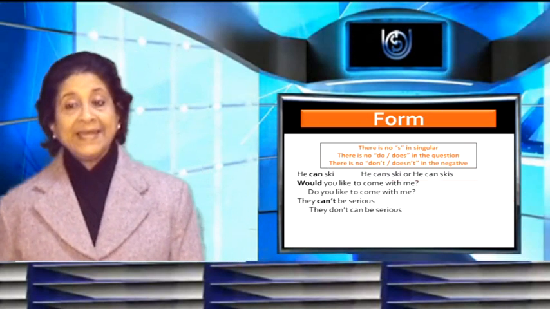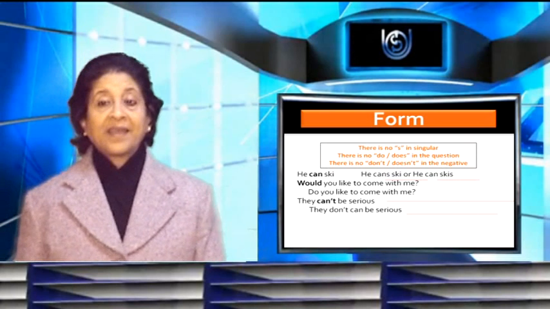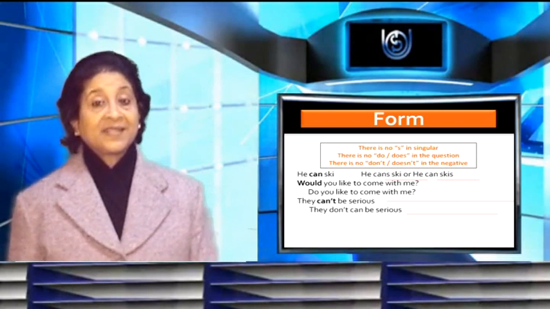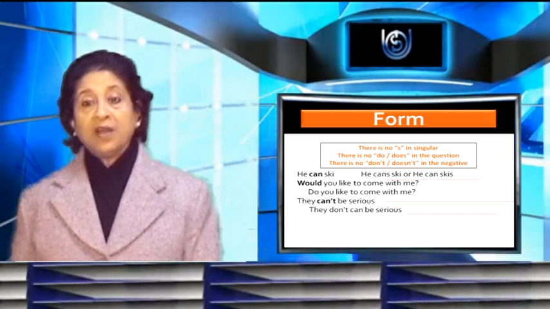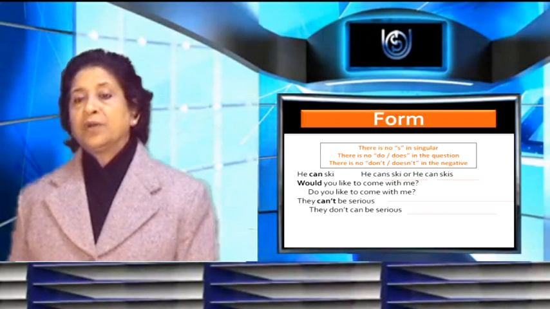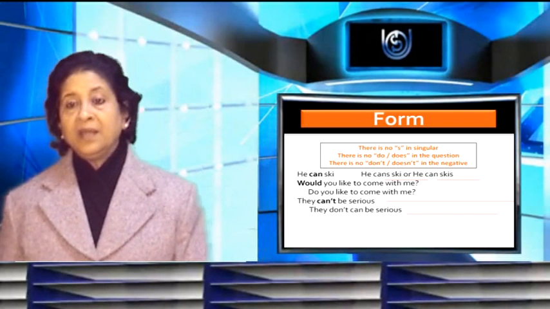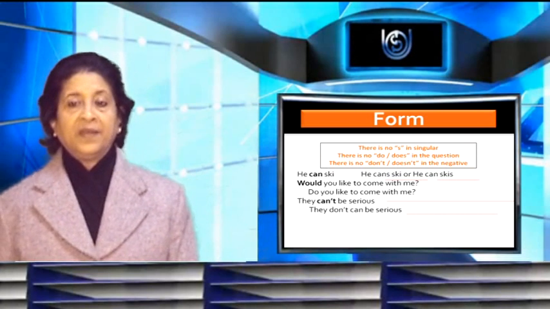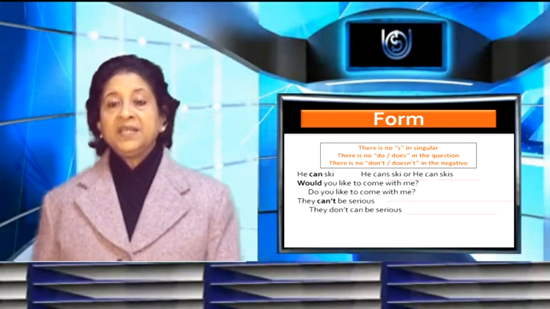Now see a few examples. He can ski. "He cans ski" is all wrong. He can ski. Would you like to come with me? Not "do you like to come with me" but "would you like to come with me?" No, they can't be serious.